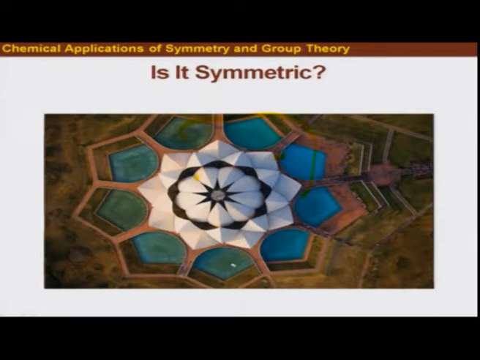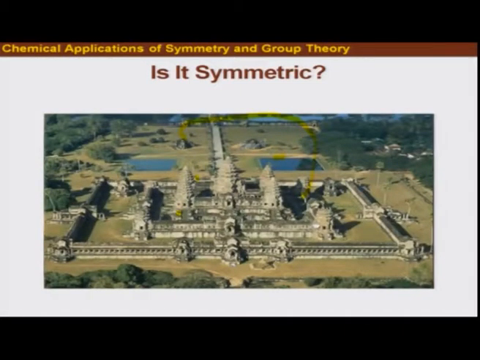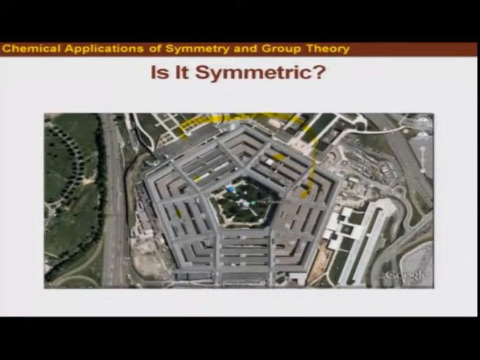Now let's look at some of the other structures. Here it also looks pretty symmetric. Here is a famous building, many of you know, called the Pentagon. It's probably the head office of US Defense. Now this is also highly symmetric.